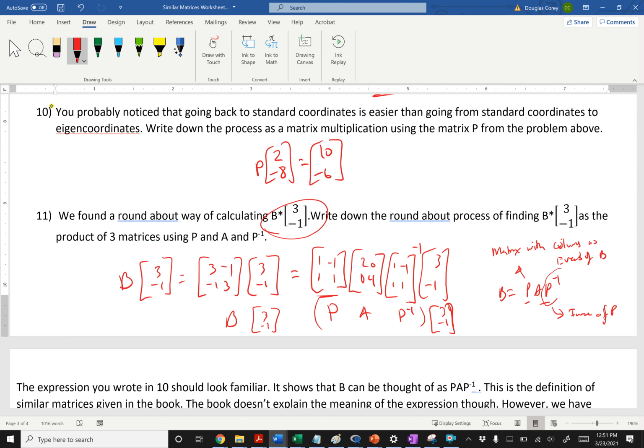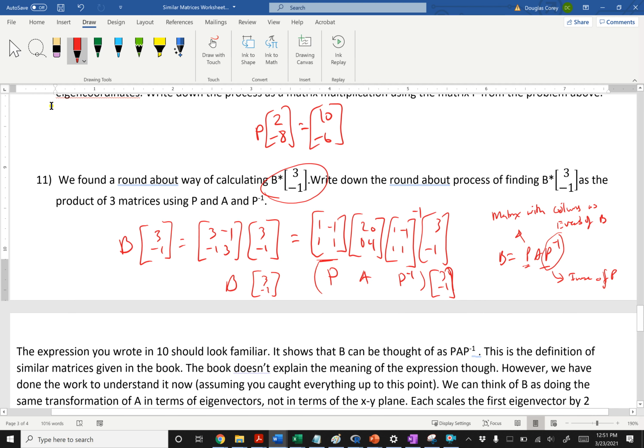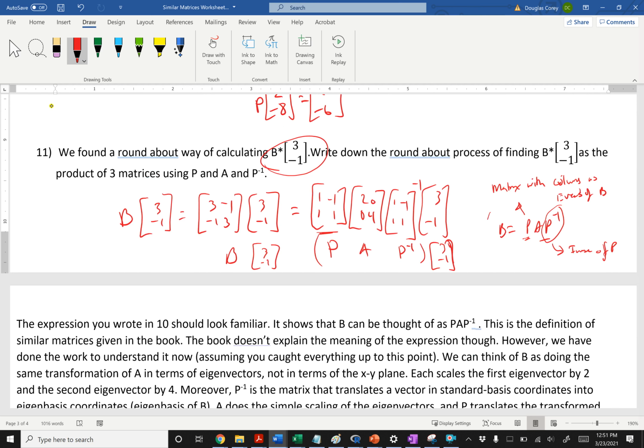So this converts vectors in the standard basis to vectors in an eigenbasis of B. Then A, hopefully, is a simple matrix like a diagonal matrix, and then we can do the easy scaling in the directions of the eigenvectors, and then we can go back to the standard basis with P. So that's the whole process that's taking place. This is where the idea of similar matrices comes in. That's the formula for similar matrices. So it's right there.